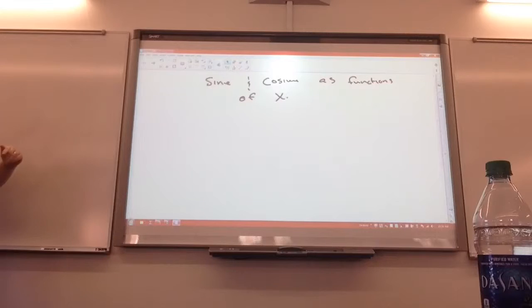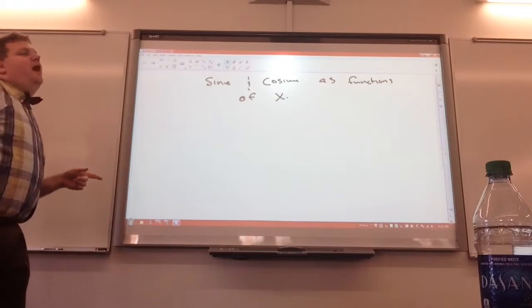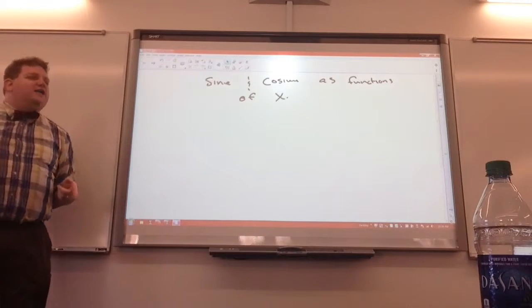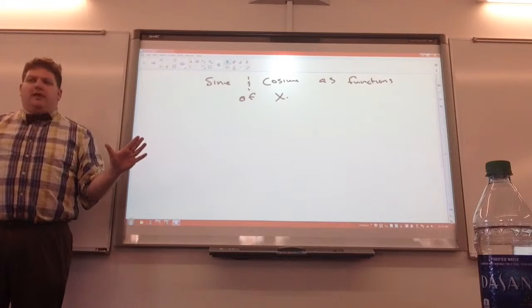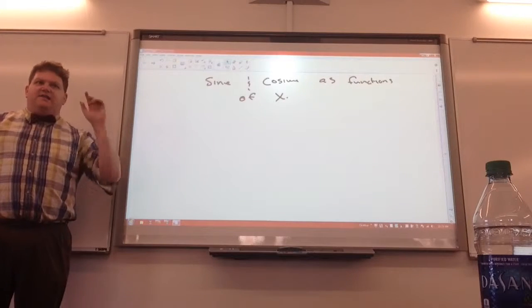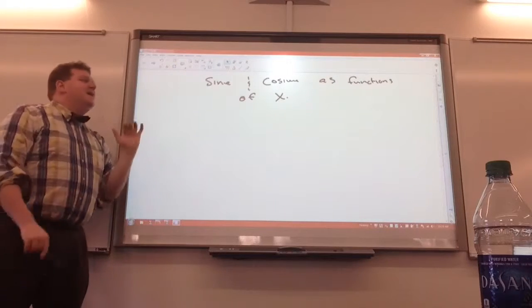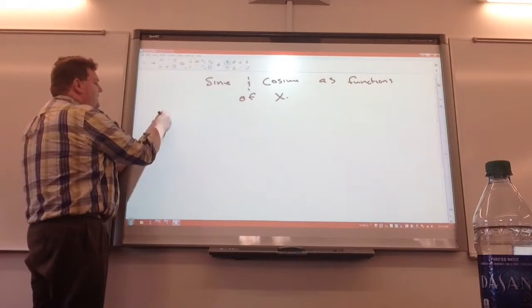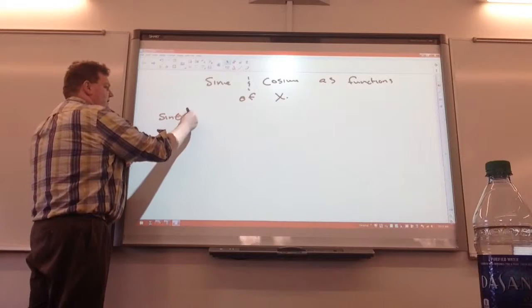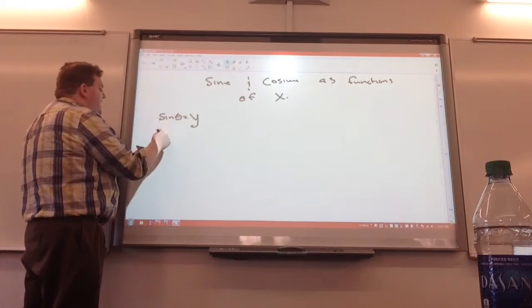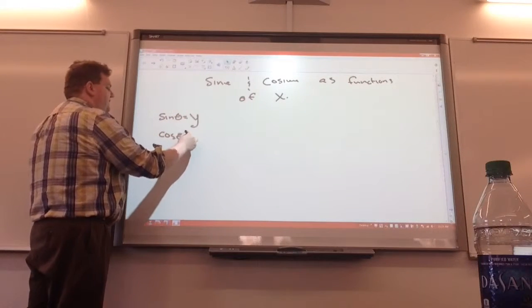Before we get started, just to make sure you all remember, what's the sine equal to in terms of the unit circle only? The sine is not x, y. Remember, the sine is equal to y. And what's the cosine equal to? X. That one's equal to x.